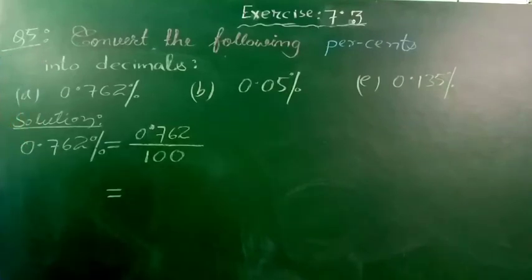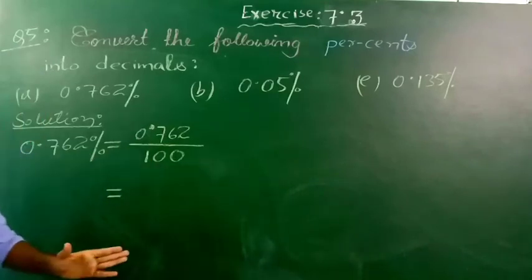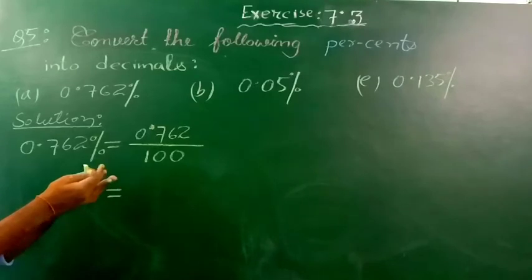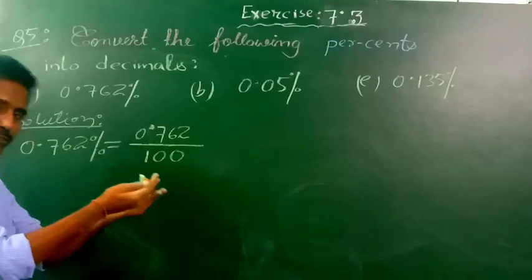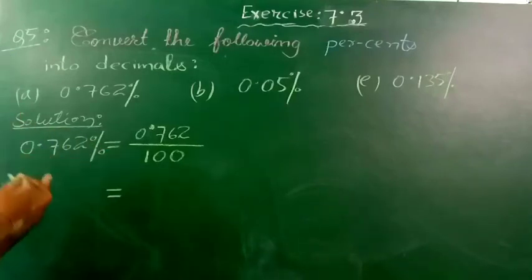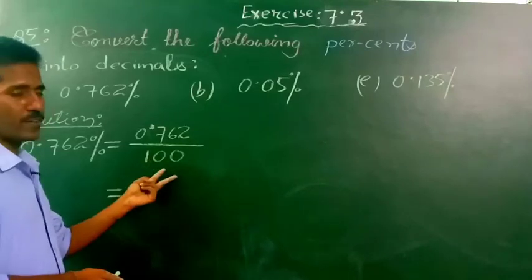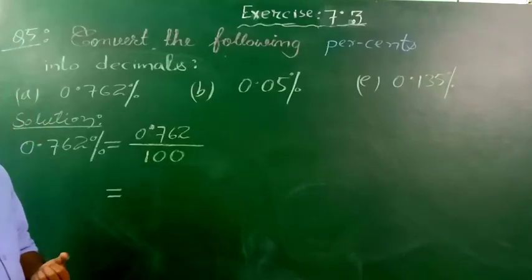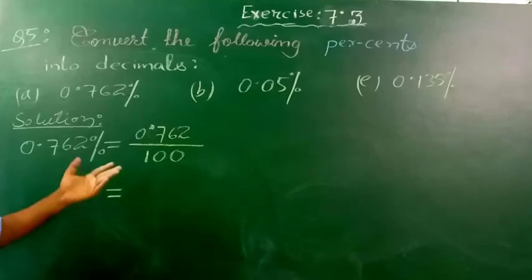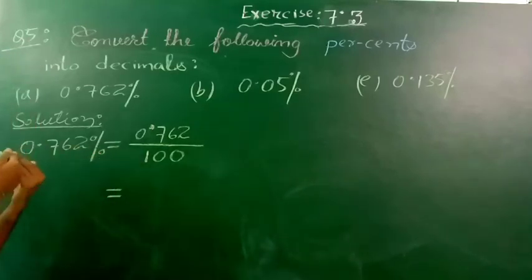We know whenever we divide any decimal number by 100, the decimal will move 2 digits from right to left, or the decimal will move 2 digits forward. Why? Because there are 2 zeros in 100. So whenever we divide any number by 100, the decimal will move 2 more digits forward.